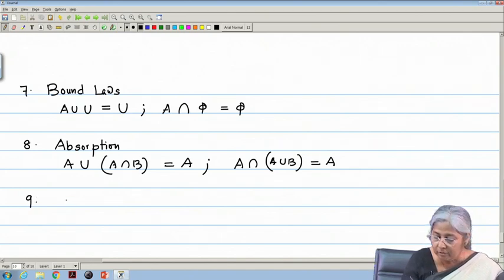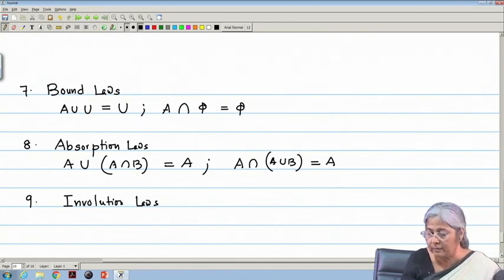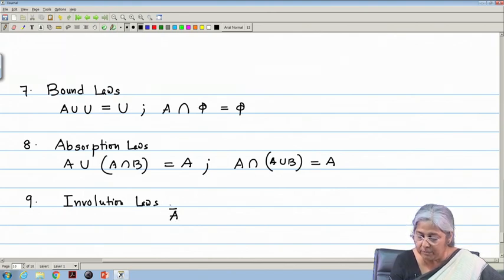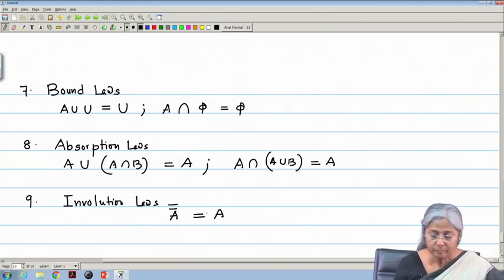Now, involution. If we take the double negation of a set, that means a complement of complement, that is the set itself.